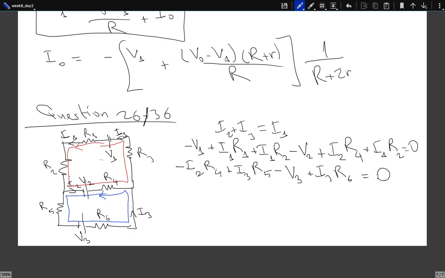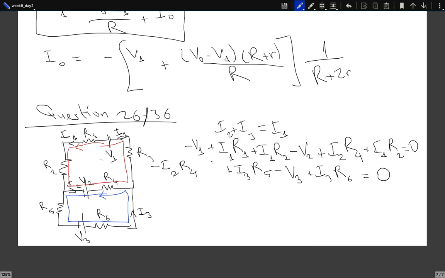So I have three unknowns. I don't know I1, I don't know I2, I don't know I3. And now I have three equations to solve. Why didn't we write it? Well, because I forgot. As we go from this point to that point, what is the potential drop?